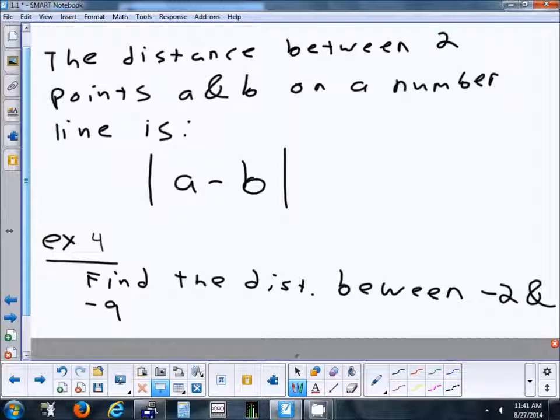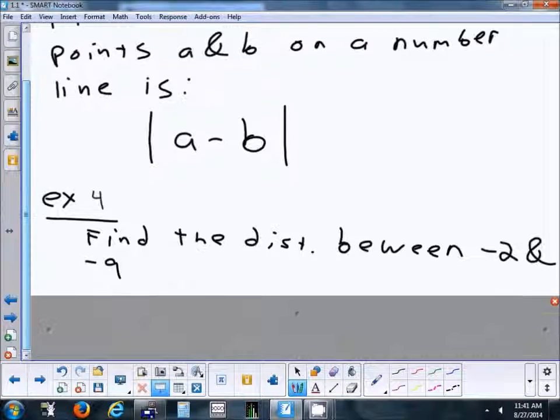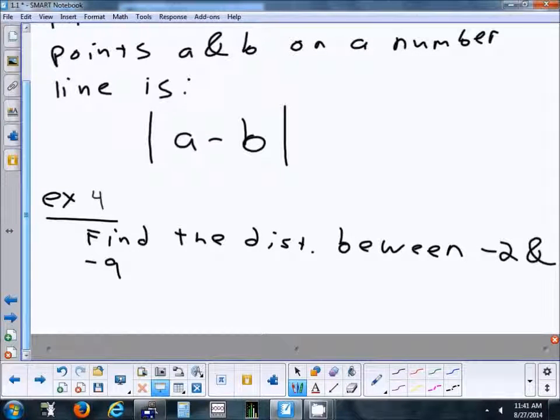Okay, so let's say we wanted to find the distance between -2 and -9. We'd have the absolute value of, and Alex, what could I put for a calculation inside the absolute value bars? -2 minus 9? Nope, not quite.